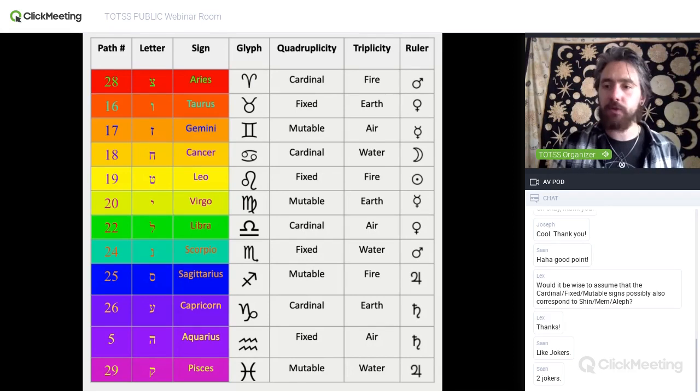Now the ram, you can add some ram-like symbolism into it, but really the quadruplicity, triplicity, and ruler are the main thing that makes the signs mean what they mean.